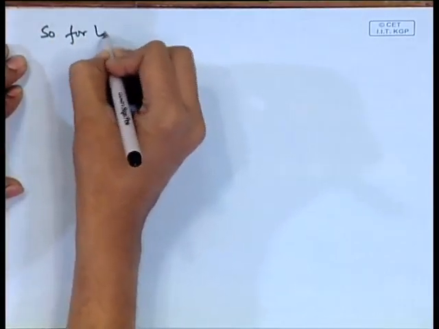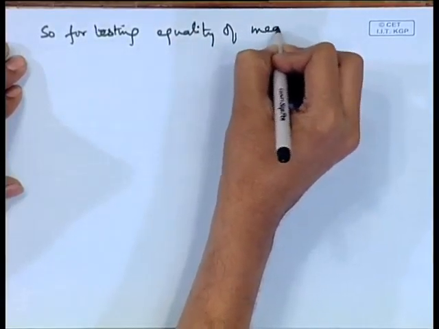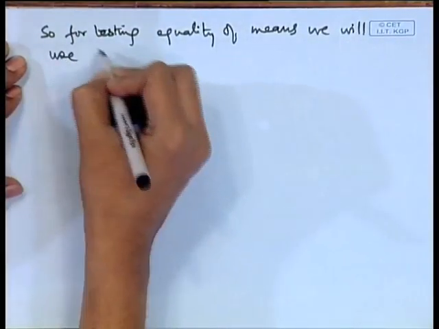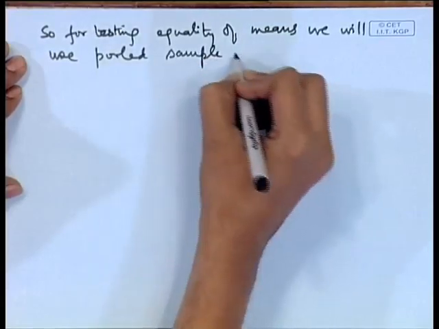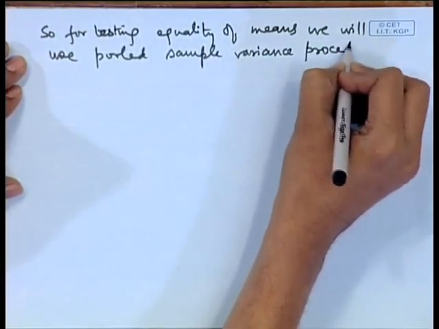So, for testing equality of means, we will use the pooled sample variance procedure.